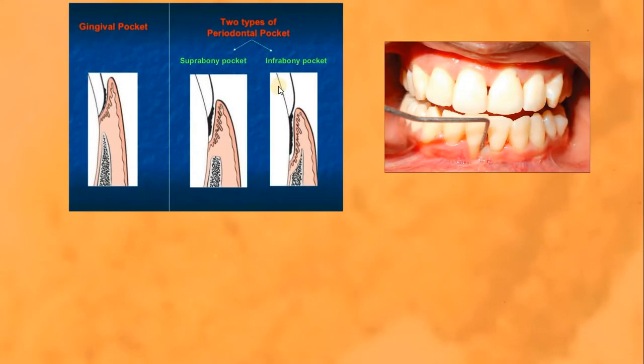For example, this is the infra-bony pocket, as we talked about, and here, as you see, we don't have attached gingiva. In this case, we can't do gingivectomy in any case. For example, here, this is recession. And here, this is a minimum amount of gingiva. We can't do gingivectomy in these cases.